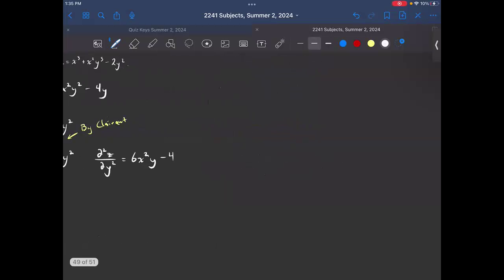So we start with our function z, and then if we take an x derivative and a y derivative, so d dx, d dy, we get zx and zy. If we take another x derivative, we get zxx and zxy.